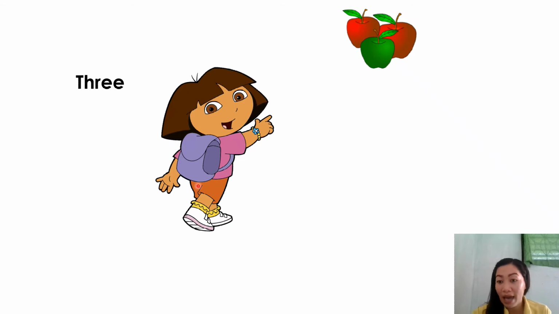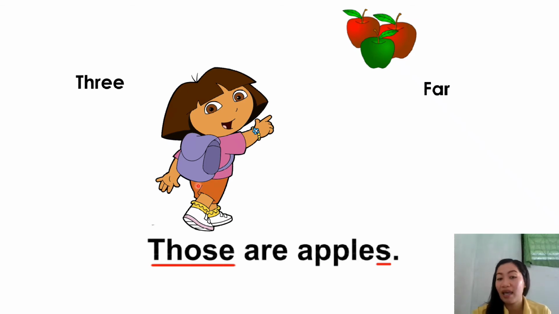There are 3 apples and they are far from you. So we will say those. Meaning plural. Those are apples. And of course, you have to put S on the things you are referring to, because they are plural. Those are apples.